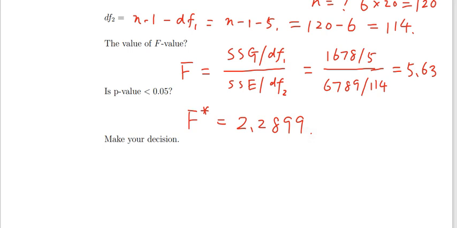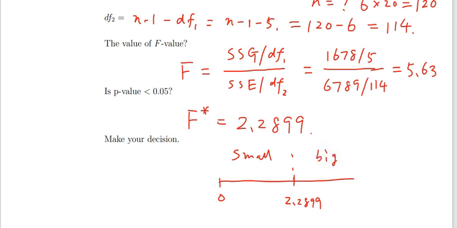So we can say this F is a big number. Starting from 0, we have 2.2899. We use this number to determine small or big. Those numbers are small, those numbers are big. Our number, 5.63, is a big number.